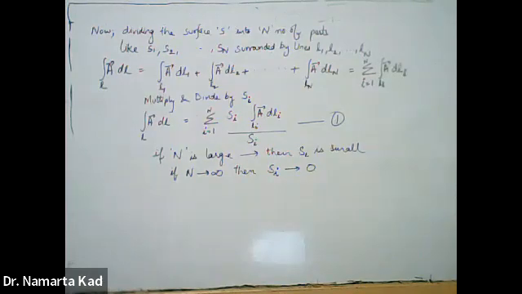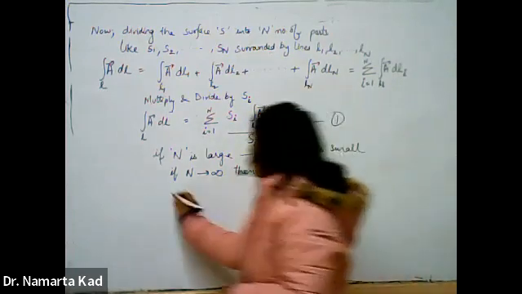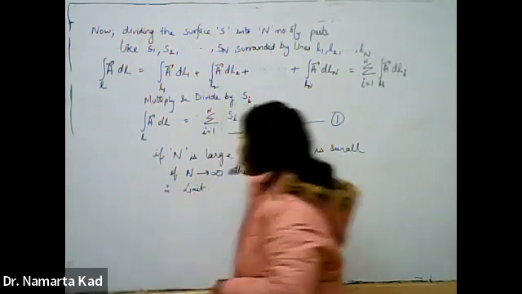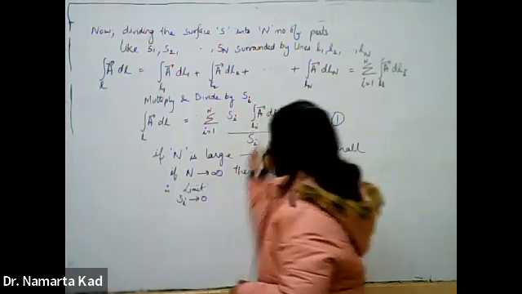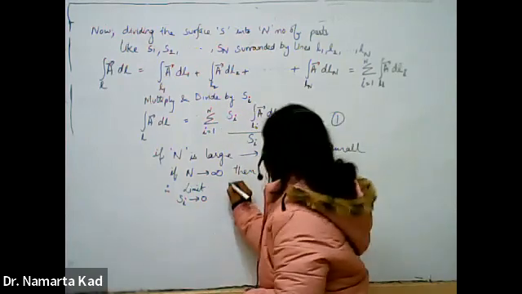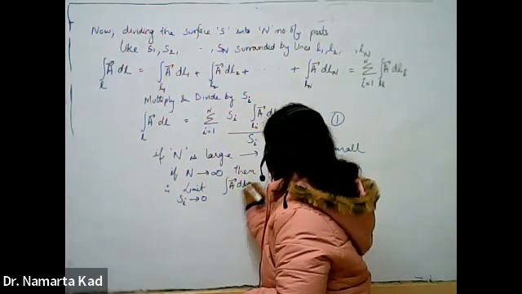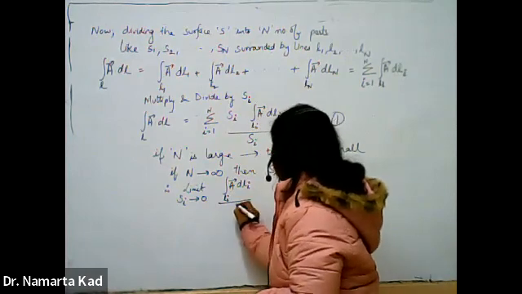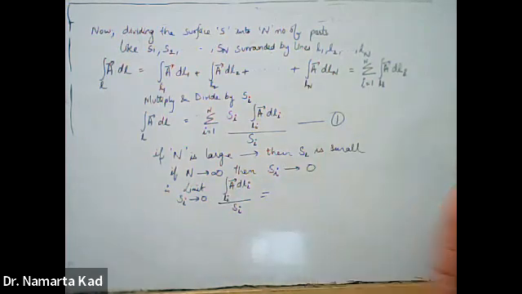It is the limit as Si tends to 0 of this portion, that is A dli, the line integral of A vector, divided by Si, and this formula represents your curl operation.